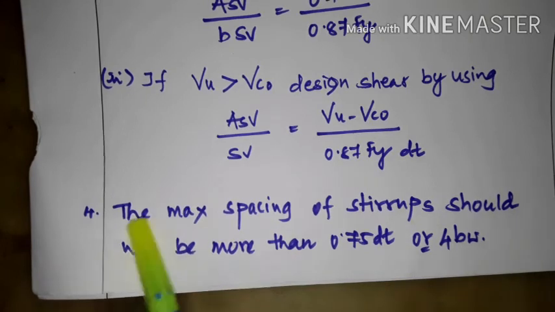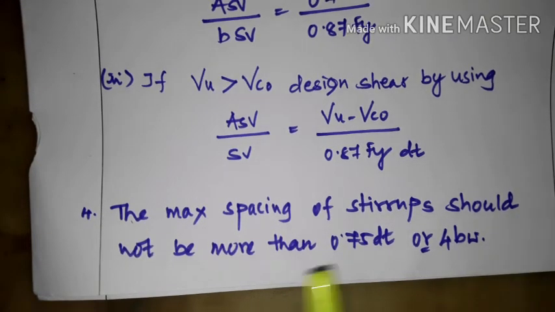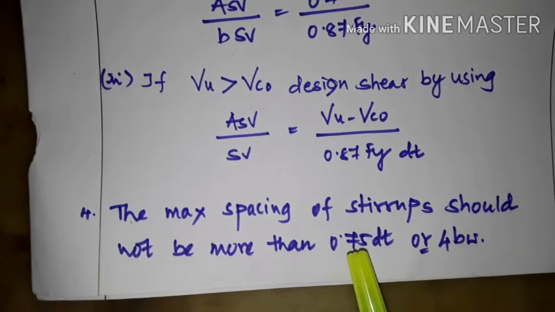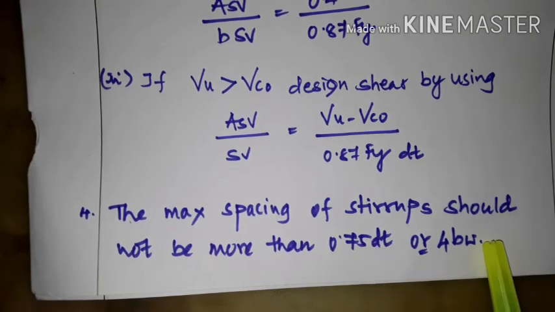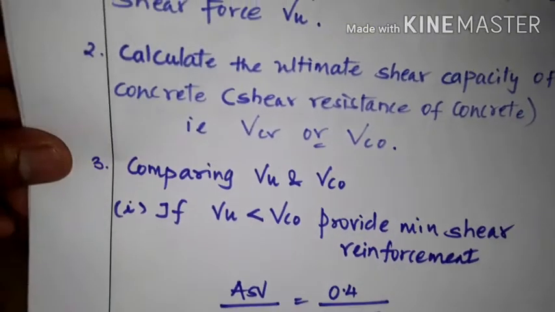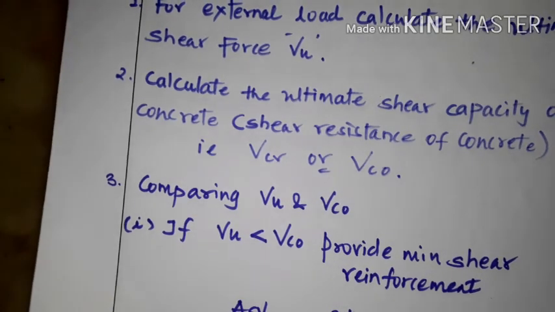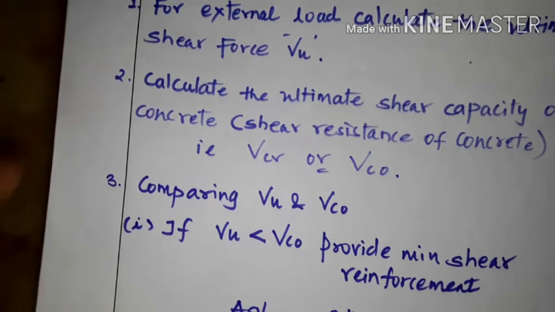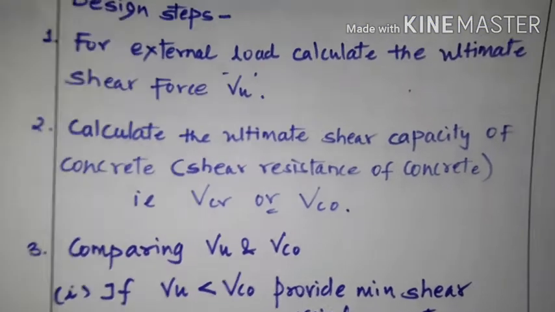The maximum spacing calculated should not be more than the least of these two, that is 0.75 times dt or 4 bw. So this is regarding the steps. We will solve a small example by following these steps, so I will start with the problem now.